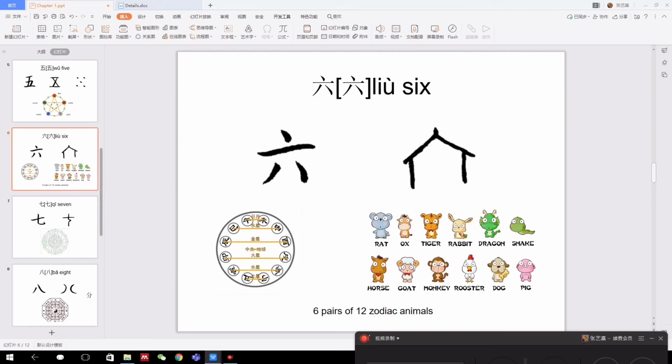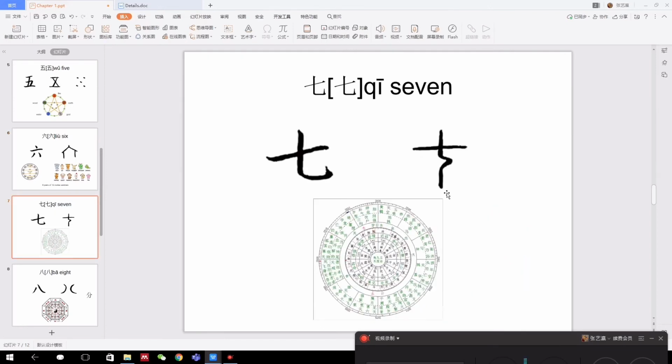Next character is 七, 7. 7, its original meaning is not 7. It means to divide. For example, in the ancient time, if you pick up 3 apples, you can write 3 like this.